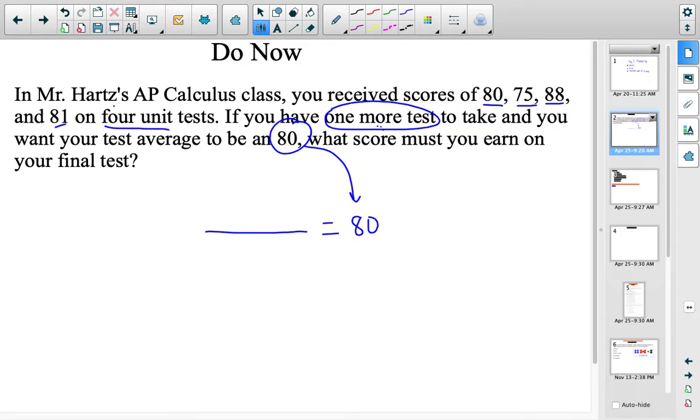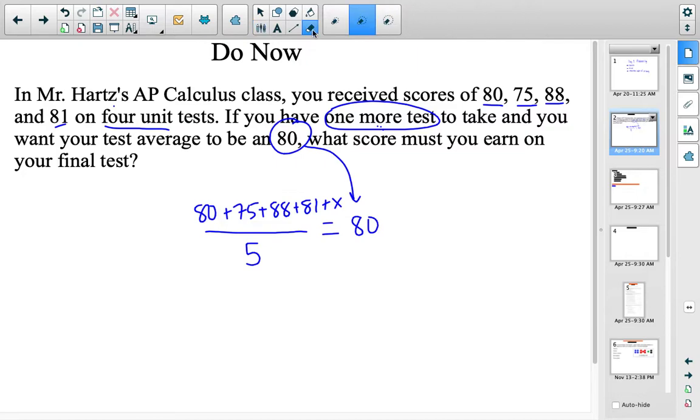So we have 80 plus 75 plus 88 plus 81 plus x. Once again, I did not make my chart big enough. Sorry about that. Equals 80. Okay, so this would be the setup.